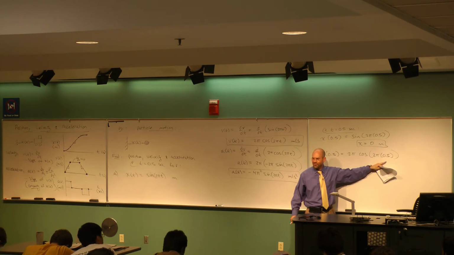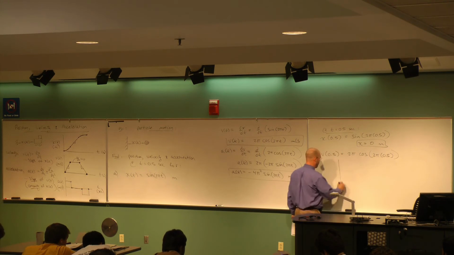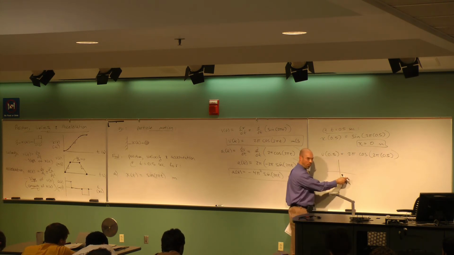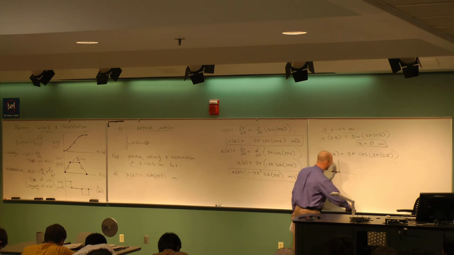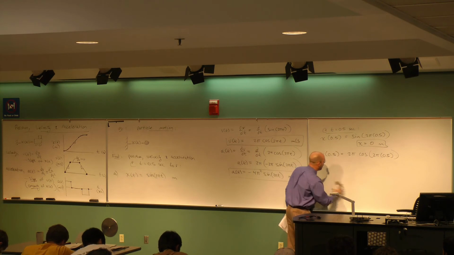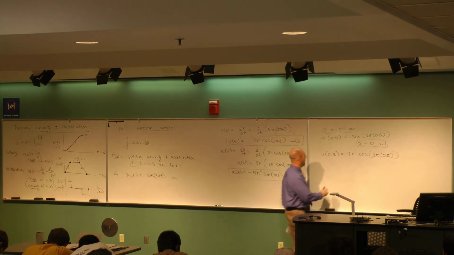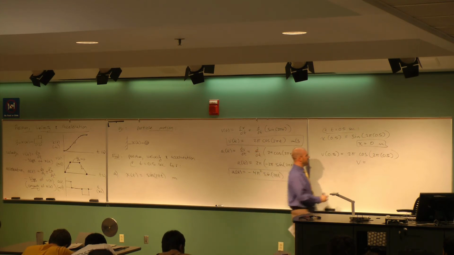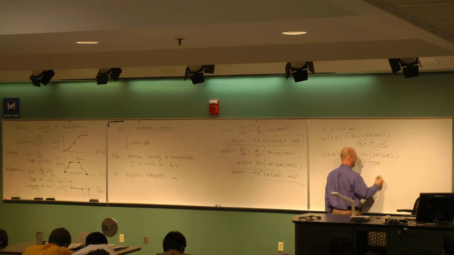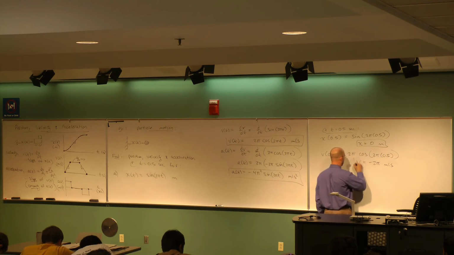Cosine of pi is how much? Negative 1, right? So we are over here, 1, 2, 3, 4 quadrants. Over here, this is pi, okay? And so the cosine over here, I'm right on the x-axis, okay? So I'm at negative 1. So apparently then, v is equal to how much? Negative 2 pi meters per second.